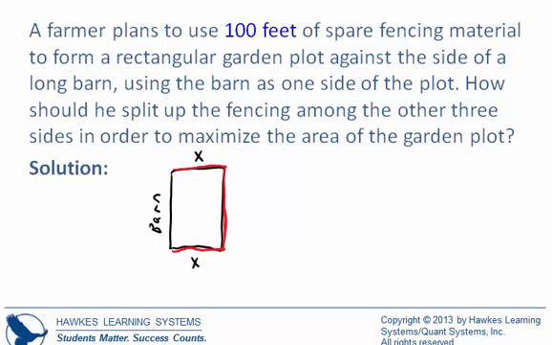So if we take the total, which is 100, and we subtract off what we use up here, and we subtract off what we need to use on the bottom, then we should be left with what we have to use on the side. So we're going to let that side be 100 minus 2x.